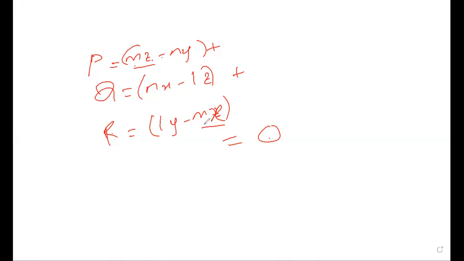So let me use my idea: for my capital P, I choose x. If I choose that here, it will go off, no? Am I right? So this will be mxz, this will be mxz, both will be gone.